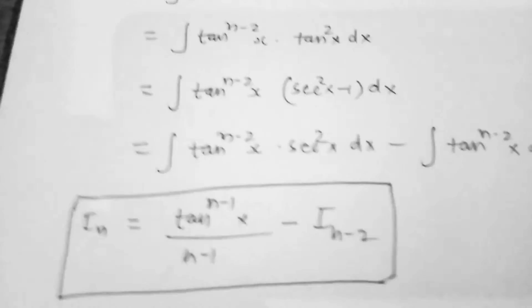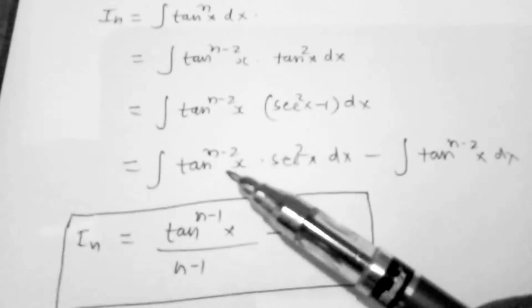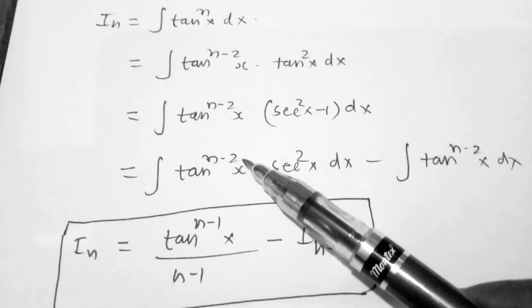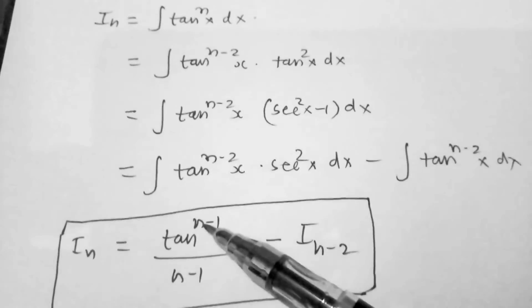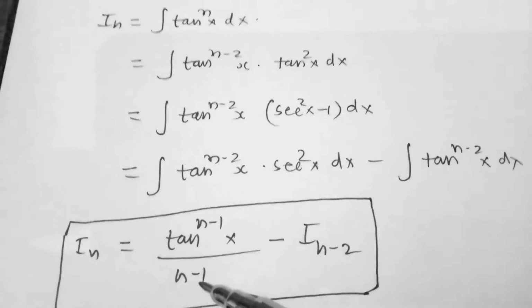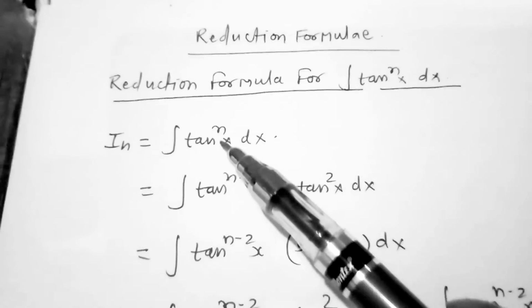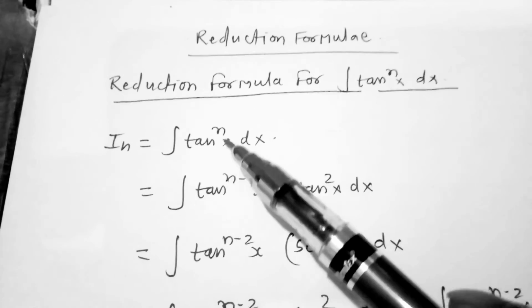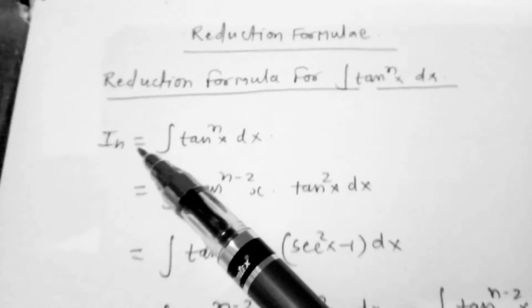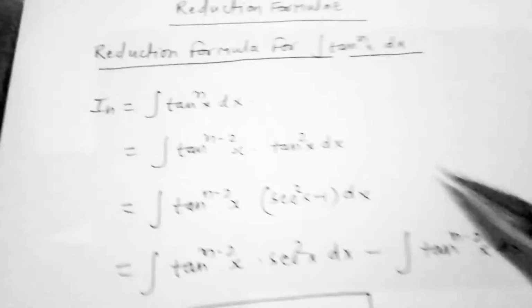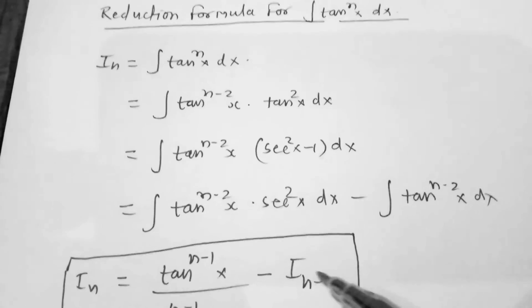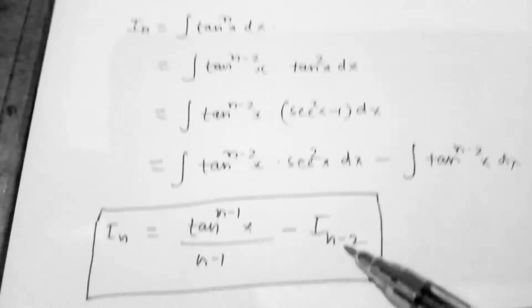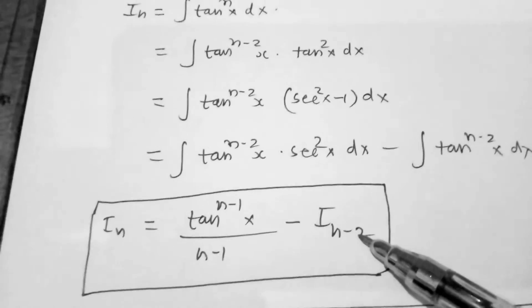So definitely this will be t to the power n minus 2, whose integration will be 1 power plus 1, that is tan to the power n minus 1 x divided by n minus 1. And as we have seen, whenever the integration of tan to the power n x dx is represented by I n, therefore the tan to the power n minus 2 x dx will be represented by I n minus 2. Okay, so this is one thing.